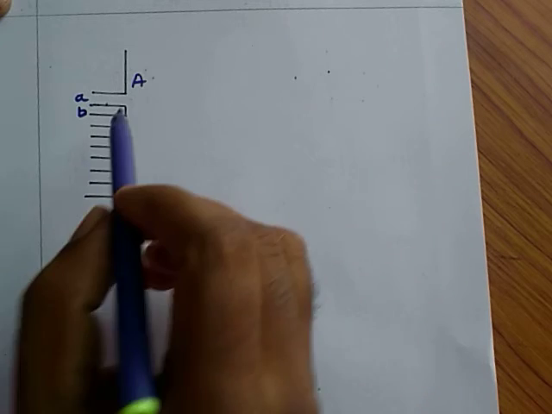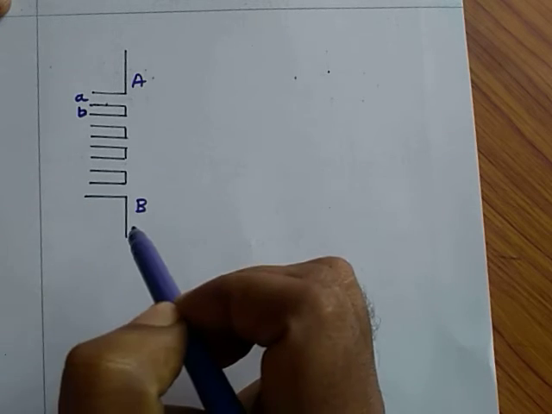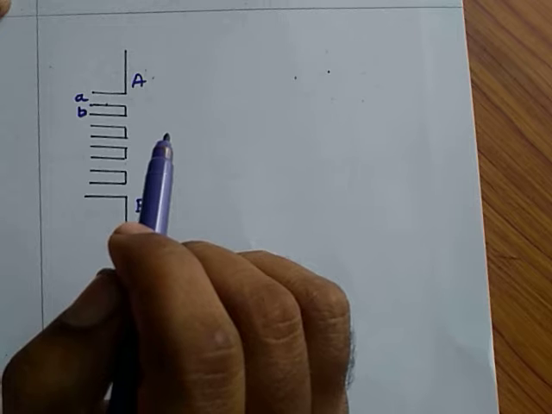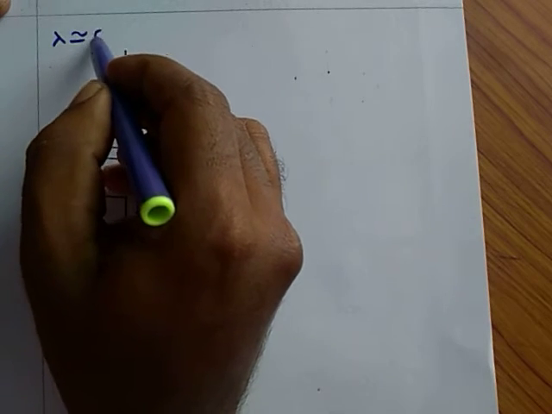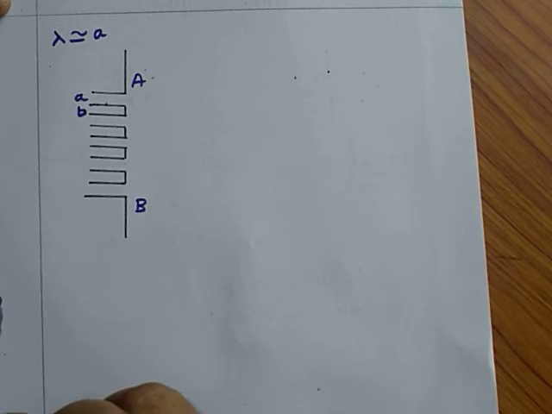Here I am using monochromatic light having wavelength lambda that is comparable to the width of the slit. I am using a plane wavefront.